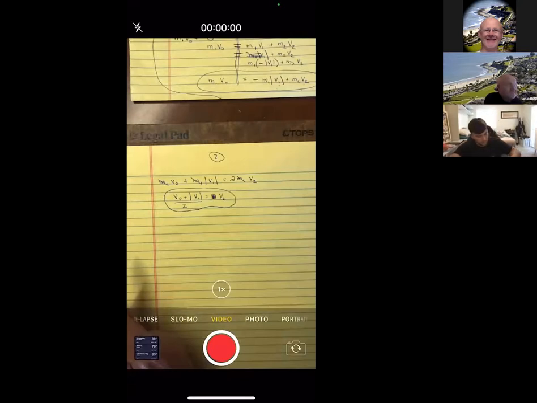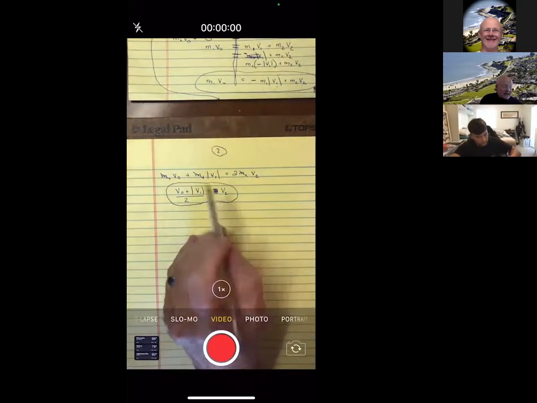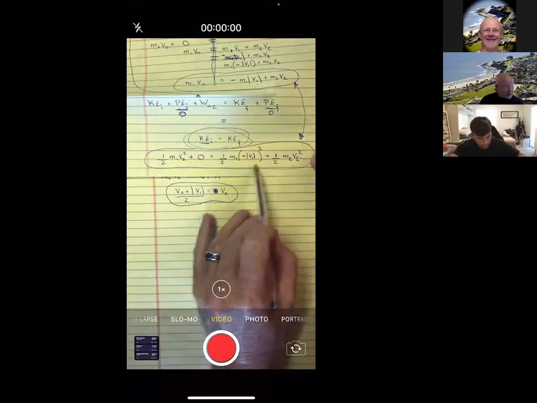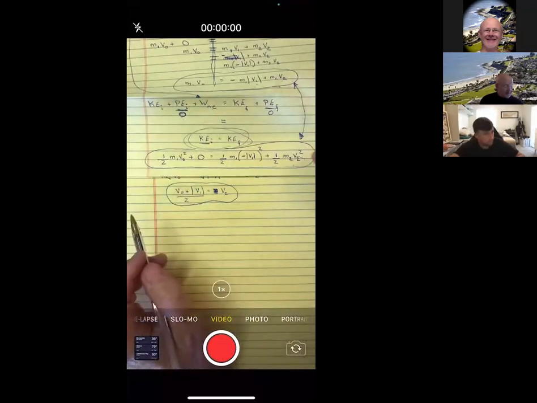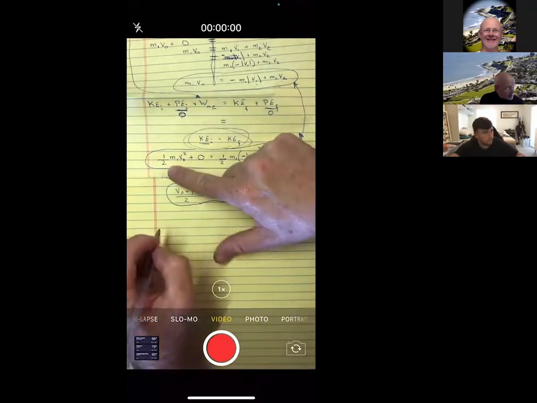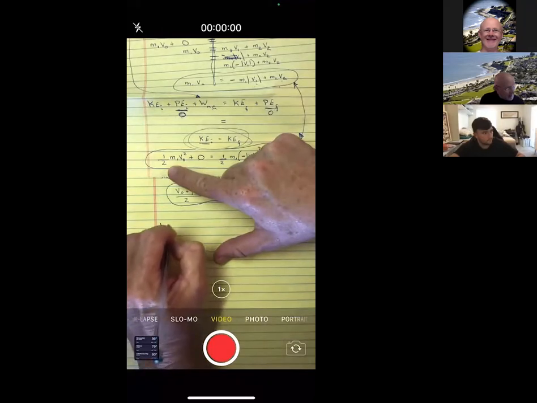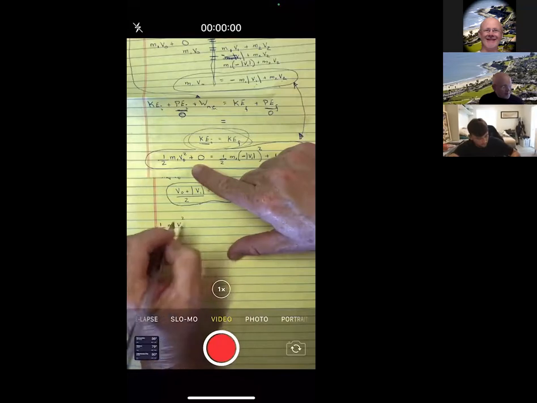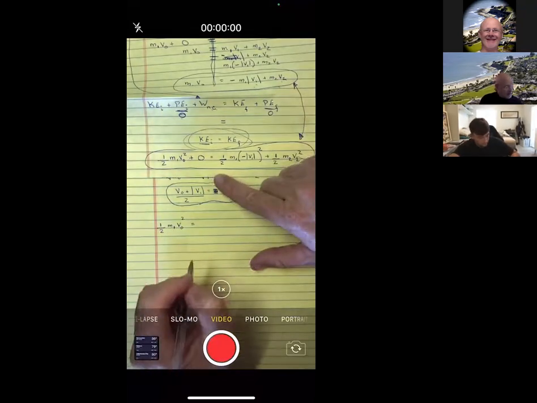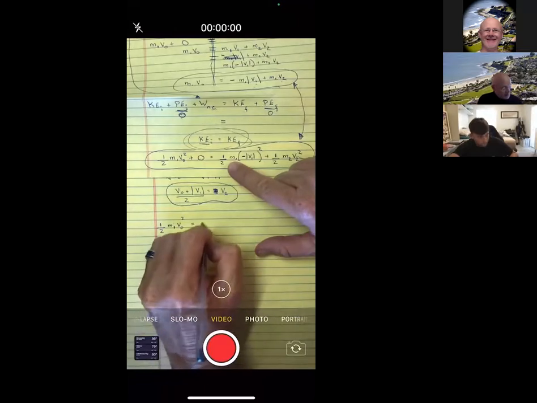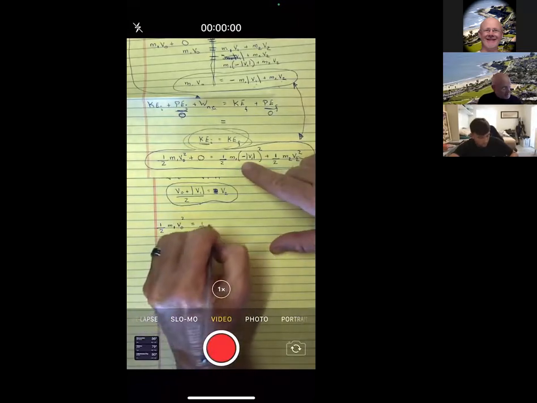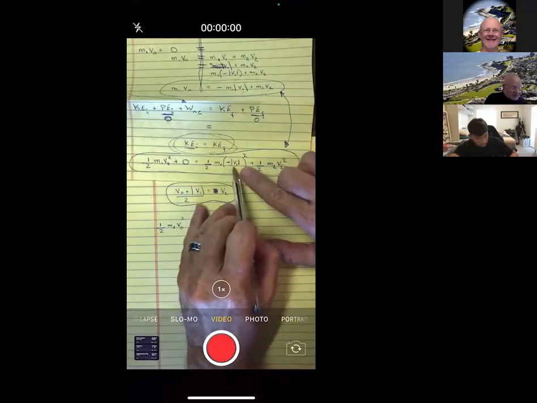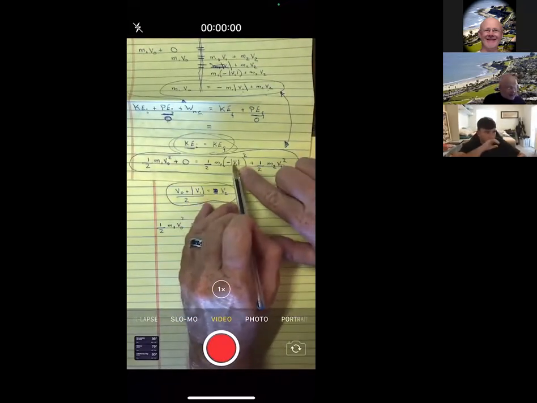Looks good. Okay, so now that I have a V2, let me pull out this second equation. Here's the 1/2 M1 V naught squared equals 1/2 M1, and right here where it says negative squared, that just makes a positive.